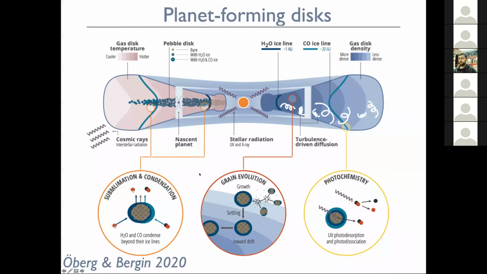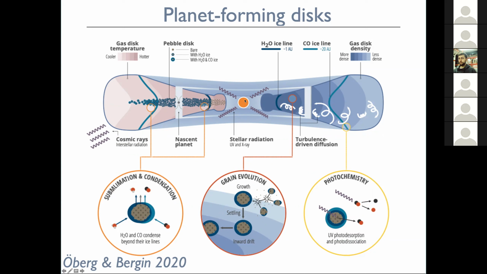Okay, so the first slide here is in fact to advertise a new review from Karin Oberg and Ted Bergin that is available on the archive, where they give a broad view of the observations of protoplanetary disks. And they talk not just about the physical, but especially about the chemical processes.